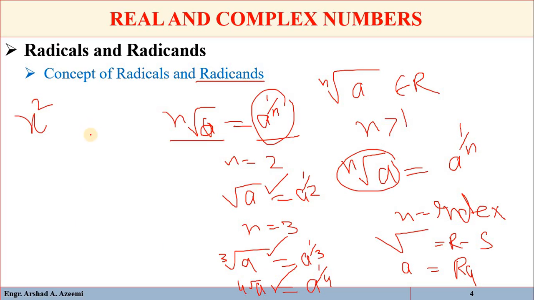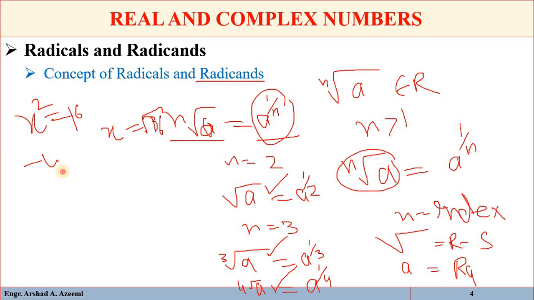Suppose x square is equal to 16, and suppose this is equal to the square root of 16. In the first we are asked what number squared gives 16.